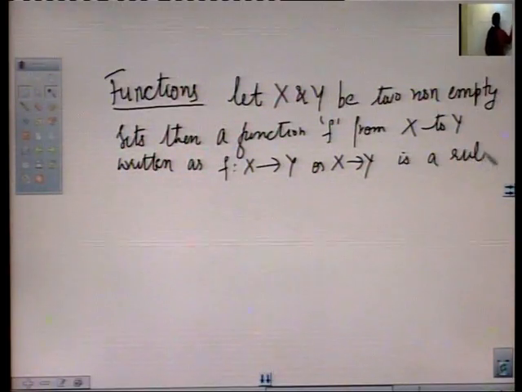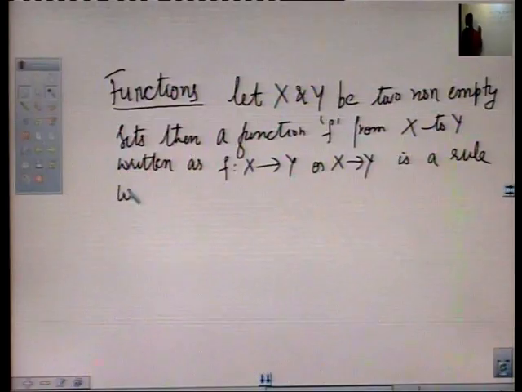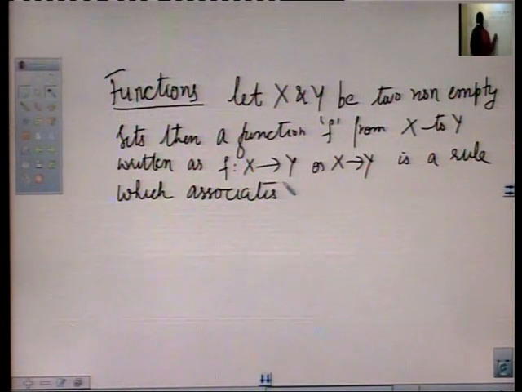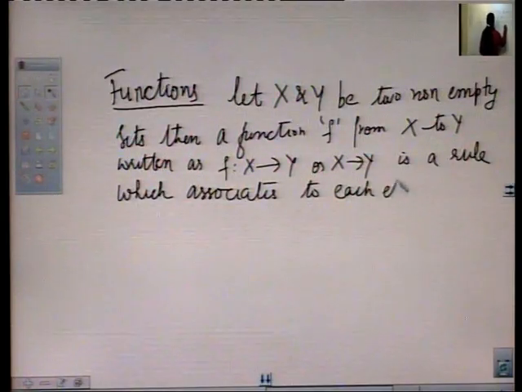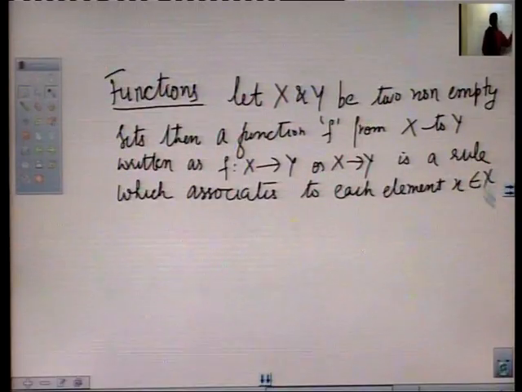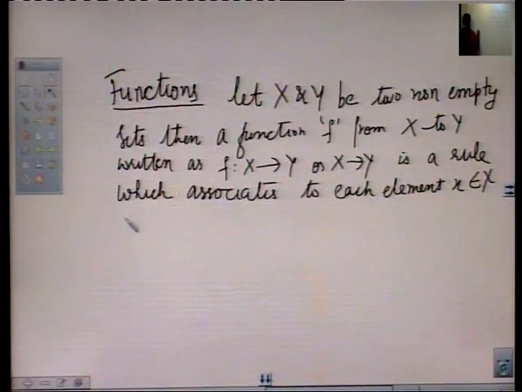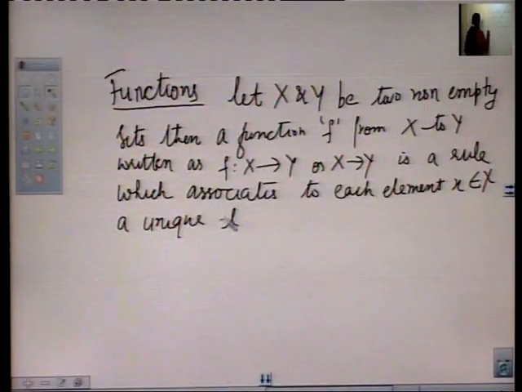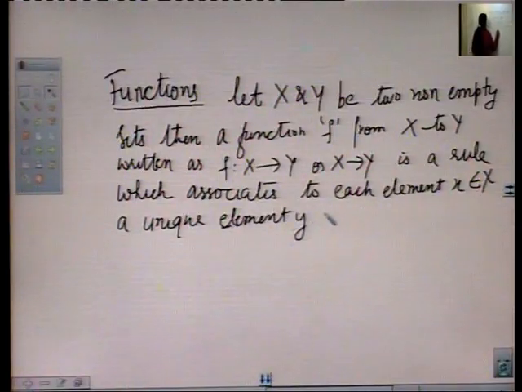A function is a rule which associates to each element x of set x a unique element y of set y.